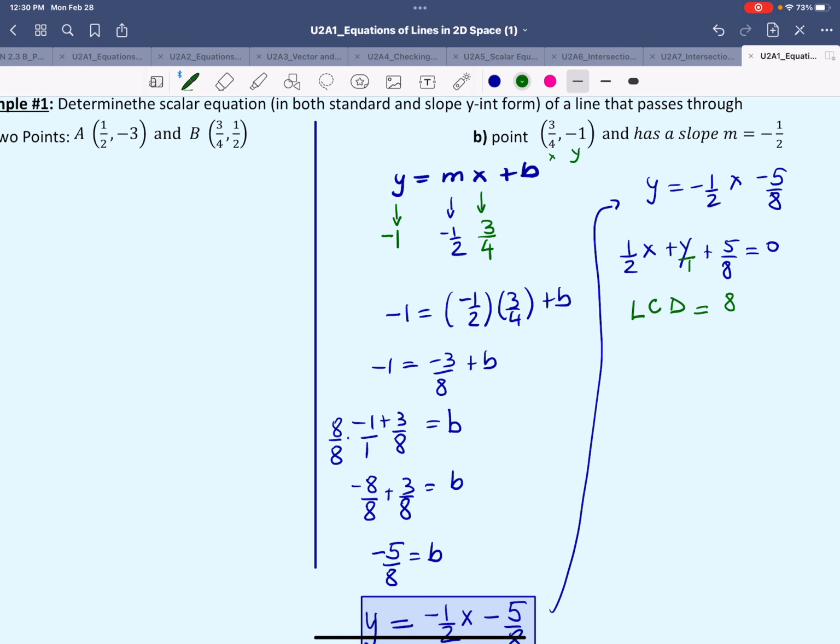The lowest common denominator, remember, is the lowest common multiple of all the denominators. So the smallest number that is divisible by every denominator. So 8 will multiply 1/2 x. 8 will multiply y over 1, or y. And 8 will also multiply 5 over 8.